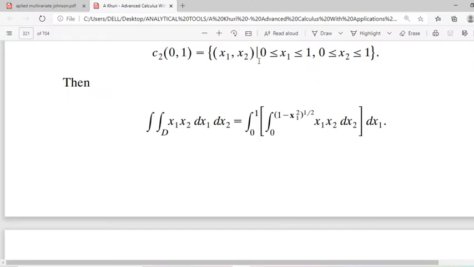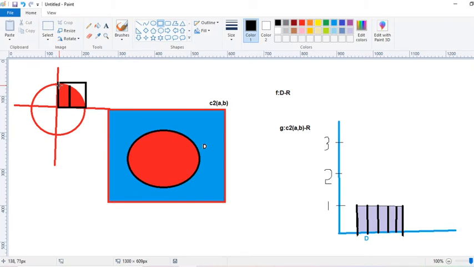Since x1 square plus x2 square equals 1 on this boundary, x2 square will be 1 minus x1 square, so x2 will be the root of 1 minus x1 square.